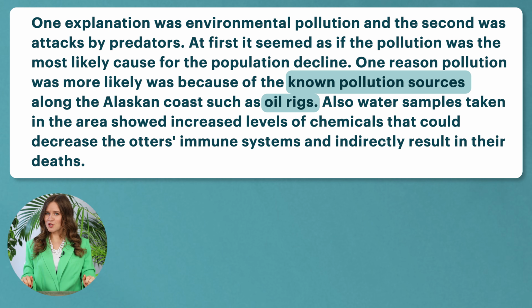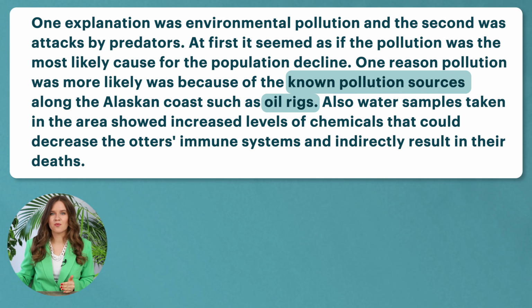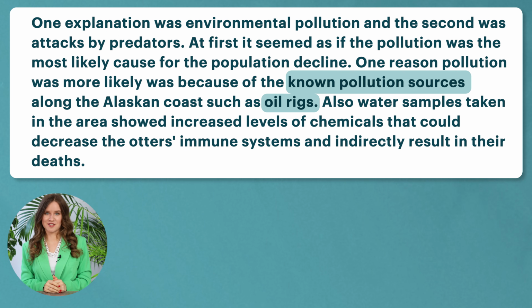You would probably want to know why the author believes known pollution sources had something to do with the decline in sea otter numbers. What made him or her think so? This is why you need an explanation. You need to provide additional details to explain why this specific fact helps support the main idea.